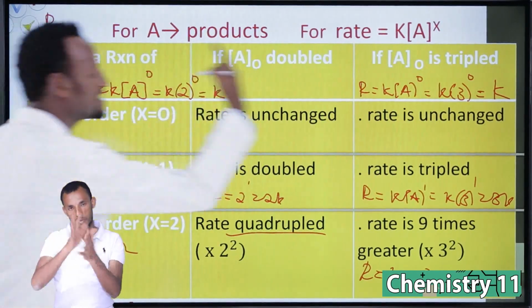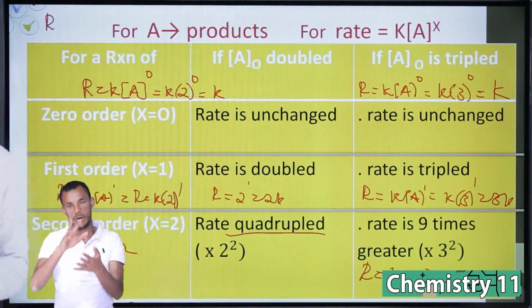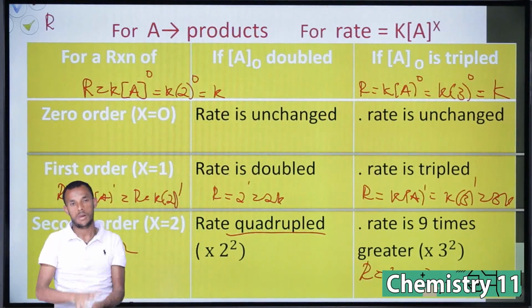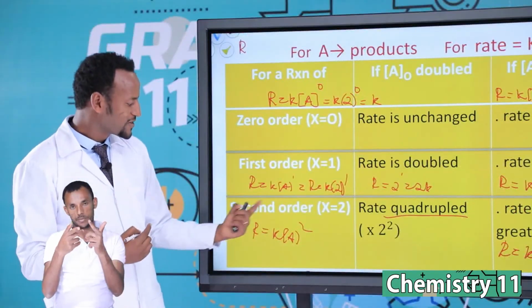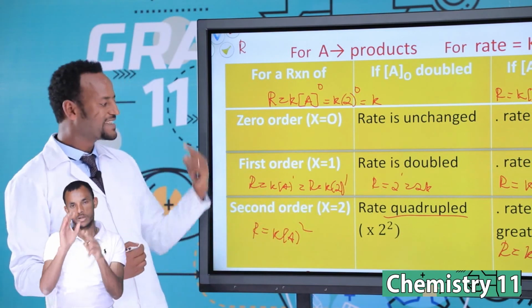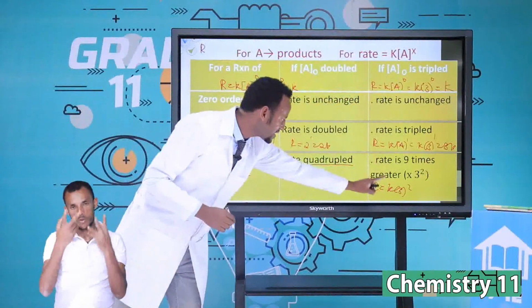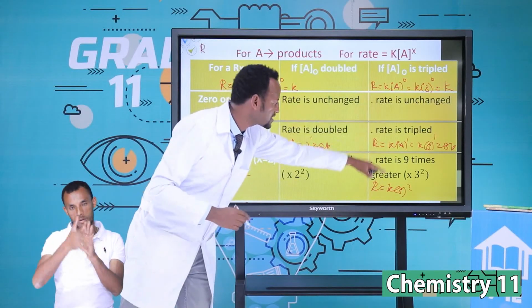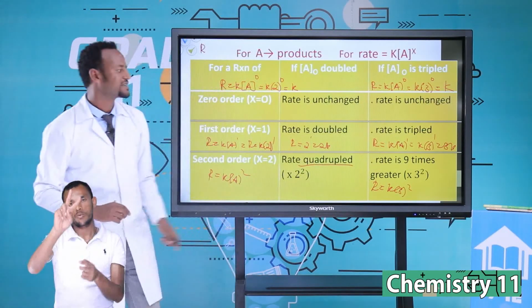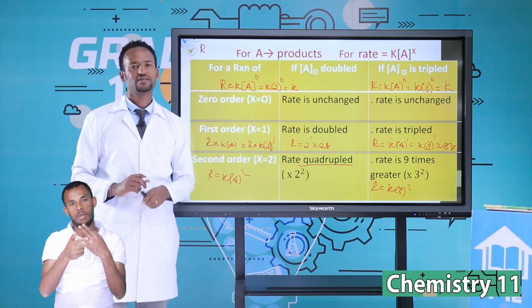The concentration is tripled, rate is tripled. For second order reaction, concentration is doubled, rate is quadrupled, because to the power of 2. Concentration is tripled for second order, 3 to the power of 2, rate increases 9 times.